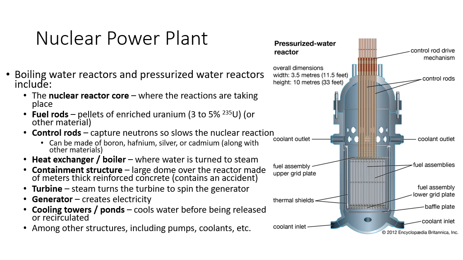And in those reactors, there is going to be a core. And this is what you do need to know. So there's going to be the reactor core. That reactor core is going to contain fuel rods, and those fuel rods are literally rods made of pellets of your nuclear fuel. For our purposes, we're going to say that it's uranium-235, but other reactor types may use different types of fuel.